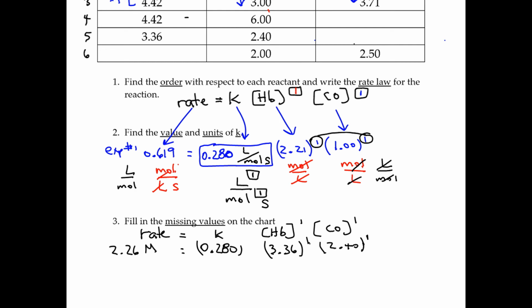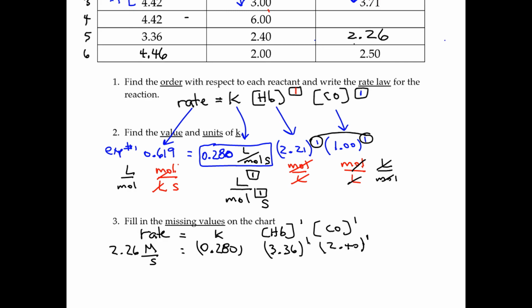That's going to be moles per liter per second. If you do the exact same thing for the last one, but solve for the hemoglobin, you're going to get 4.46 when you do the rate law as well.